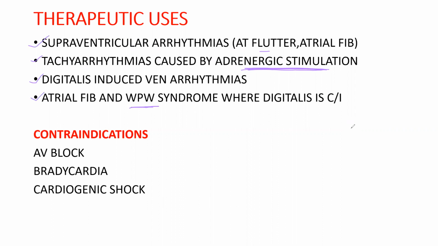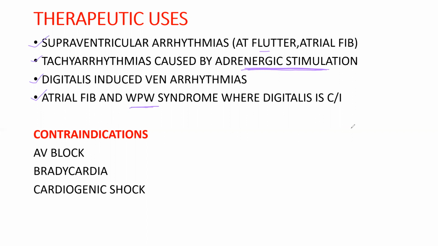So these are the uses of beta blockers. Suppose if they ask class 2 antiarrhythmic drugs, you can just write that those are beta blockers, write those names and write those uses.